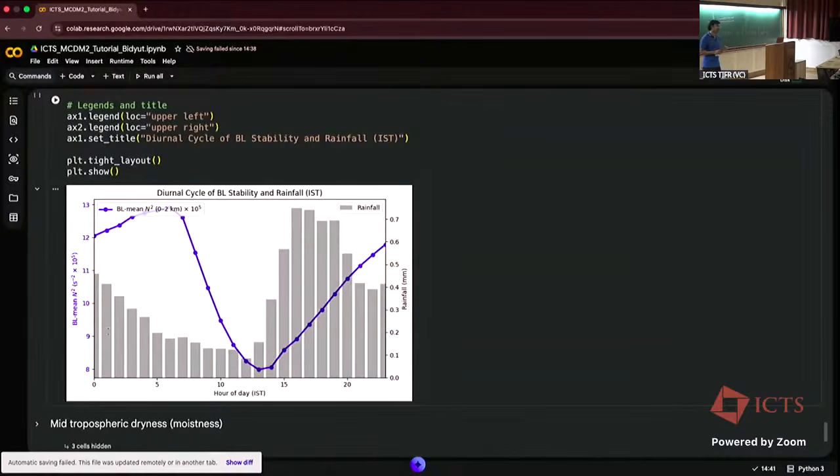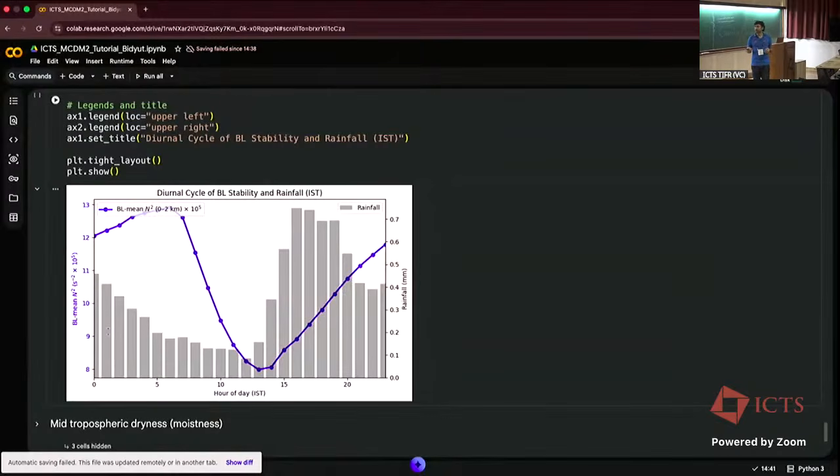So dealing with local time zone, I think with these Python packages it has become much easier. But just to make the point, we should always keep in mind the local time when we plot the diurnal cycle.